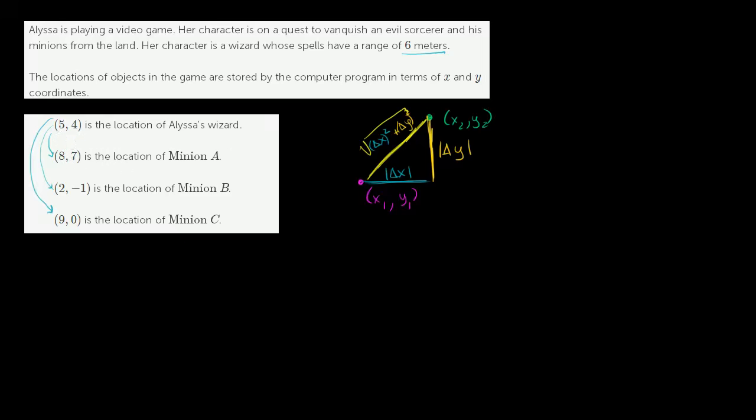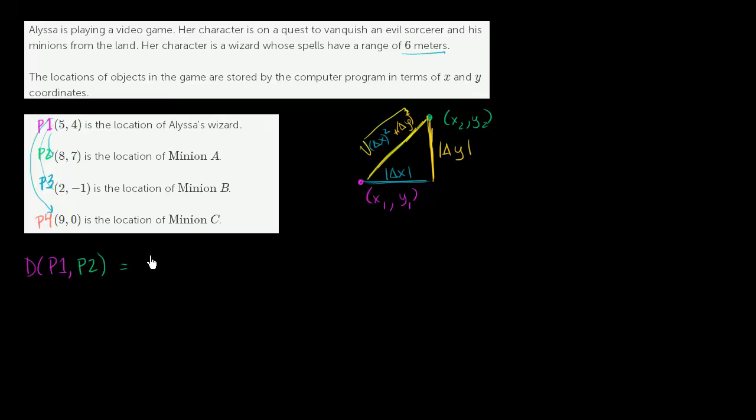So for example, if I were to call this P1, and this P2, and this P3, I want to do them in different colors so you can keep track of what I'm doing. This is P3, and let's say this is P4. So let's first think about the distance between P1 and P2.